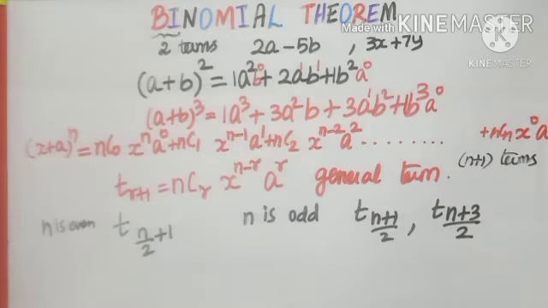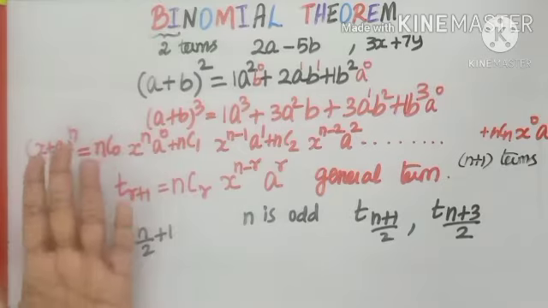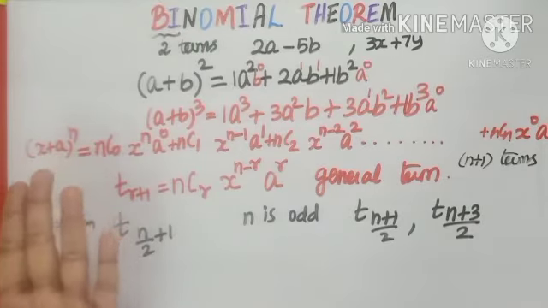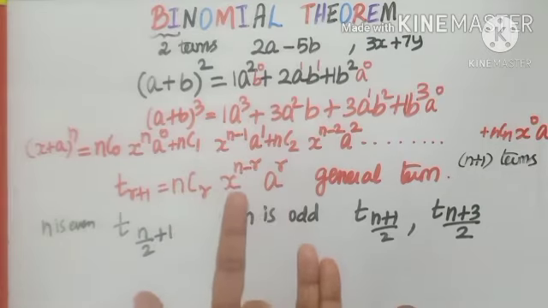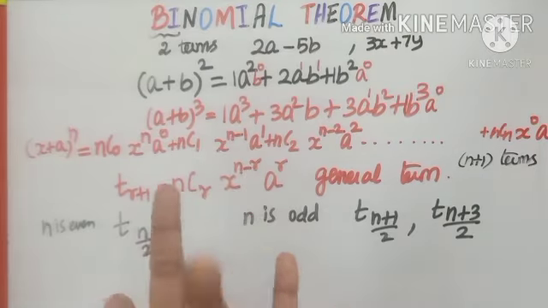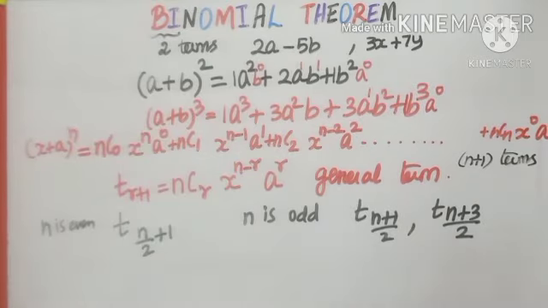For example, when n is 5, there will be 6 terms. What is the middle term then? 3 and 4 are the middle terms. How to get the 2 middle terms? This is the formula. When n is even, we have T(n/2 + 1). When n is odd, we have T((n+1)/2). Another term is T((n+3)/2).